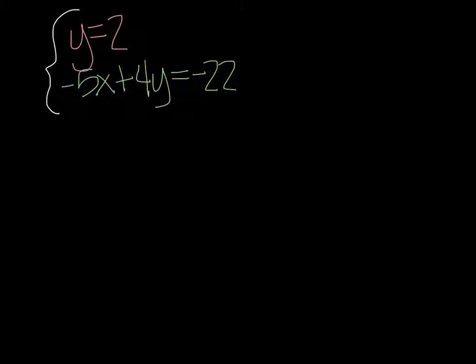So in this case, you can see we have y equals 2 already set up and ready to go. So I'm going to take y equals 2 and plug 2 in for y in the other equation. So I would have negative 5x plus 4y equals negative 22, and the value that I'm using for y is 2.